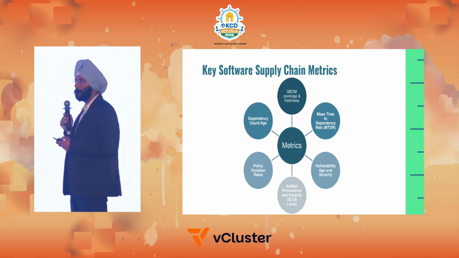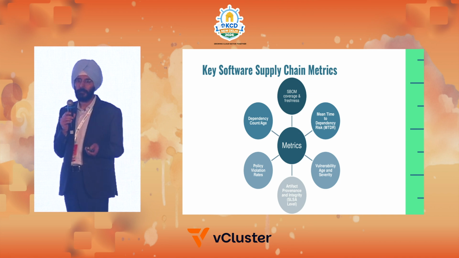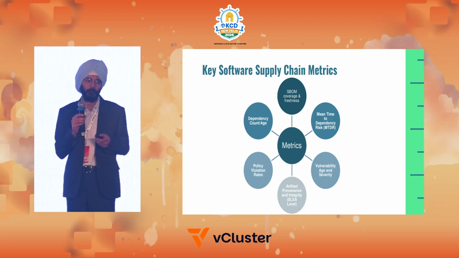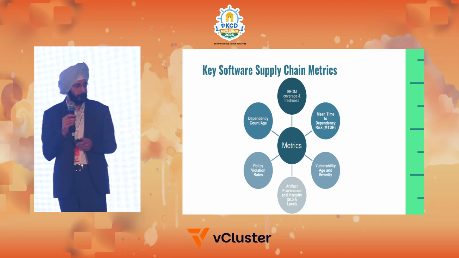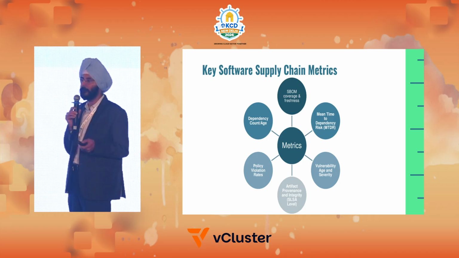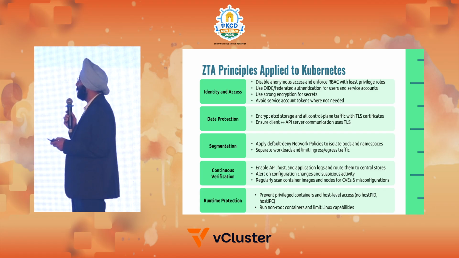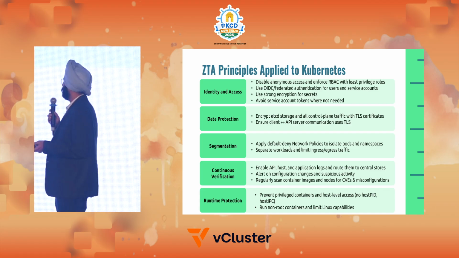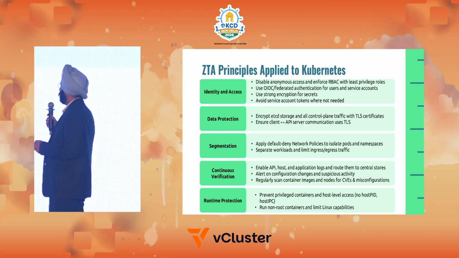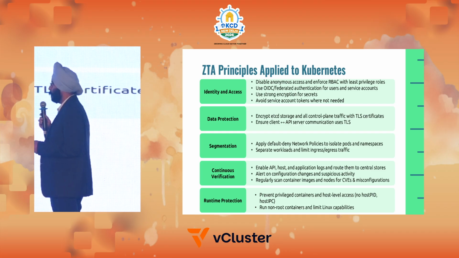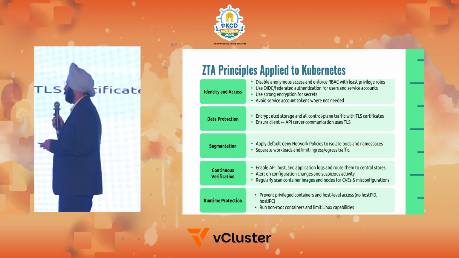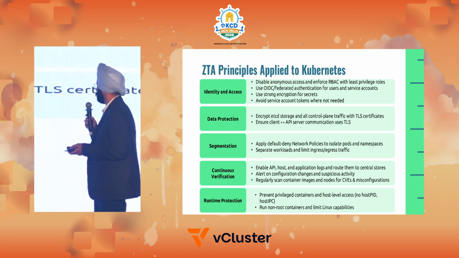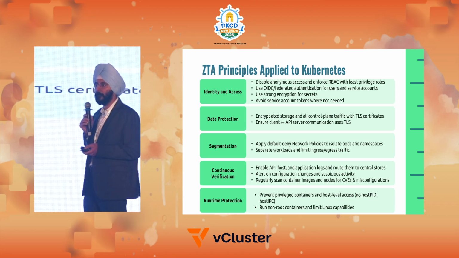The same principles work whether you're working with cloud or any other software, and of course for Kubernetes systems also. The same pillars I was talking about earlier apply: identity and access, do not have anonymous access, use RBAC, etc. Protect your data: encrypt etcd storage, and make sure all communication is using TLS or mTLS.